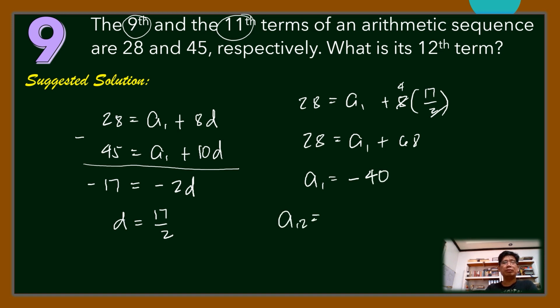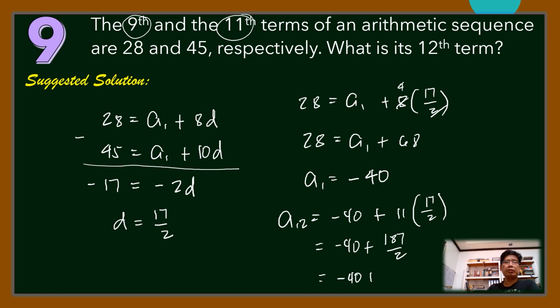Solving for the 12th term, we have negative 40 plus 11 times 17 over 2. So we have negative 40 plus 11 times 17, which is 187, over 2. 187 over 2 is 93.5.